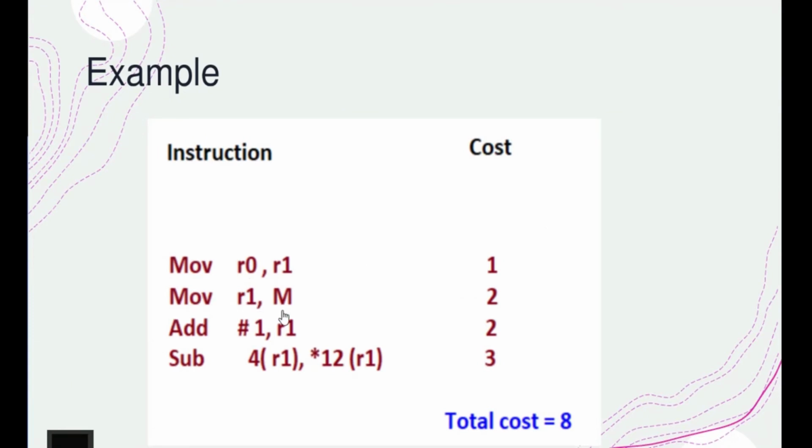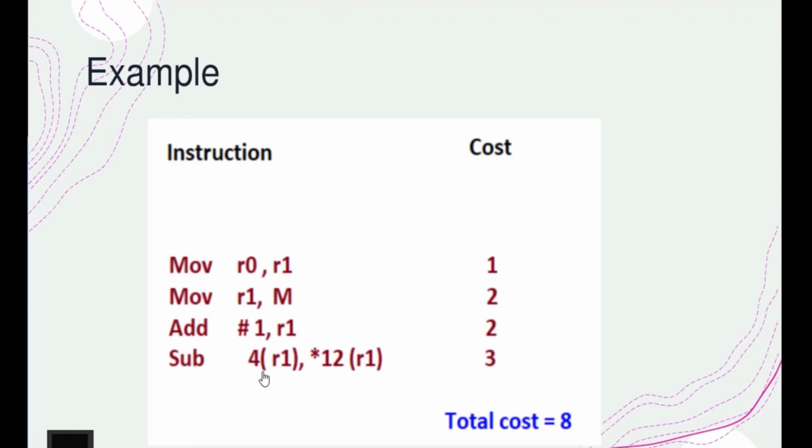And move R1 comma M. Here a register and a memory location are used, so the cost is equal to 2. Then add hash 1 comma R1. Here we are adding a constant value to the register value, so the cost is equal to 2. And here we are subtracting 4 of R1 comma star 12 of R1.